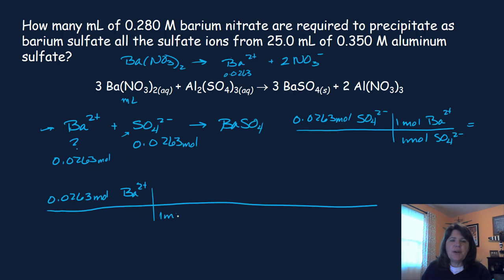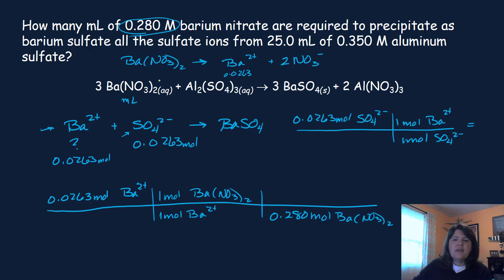So every 1 mole of barium gives me 1 mole of barium nitrate. Then for every 0.280 moles of barium nitrate per 1 liter, because that's what the big M is. And for every 1 liter, I need 1,000 milliliters.